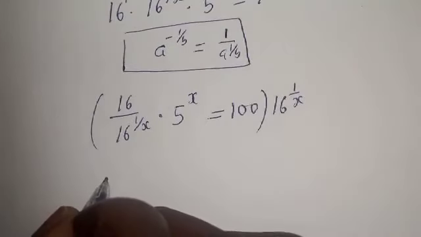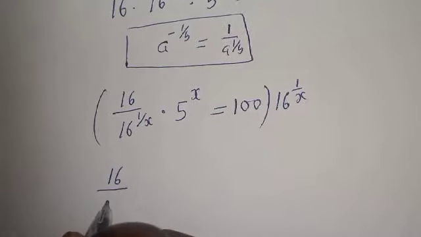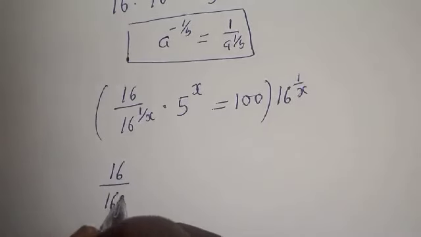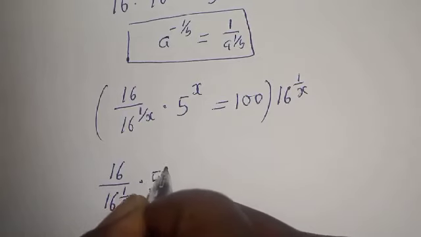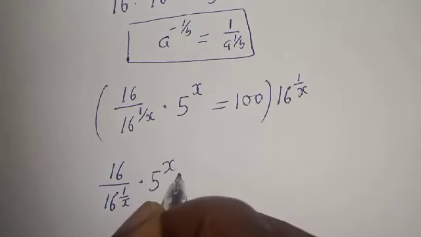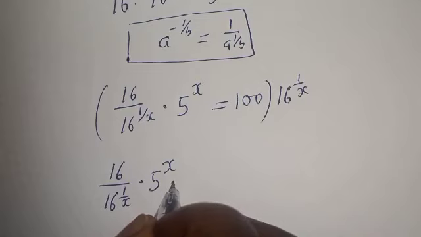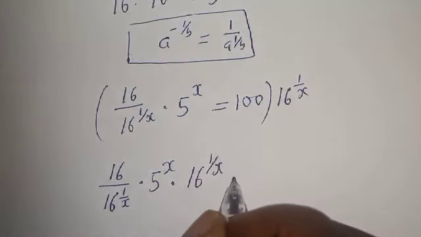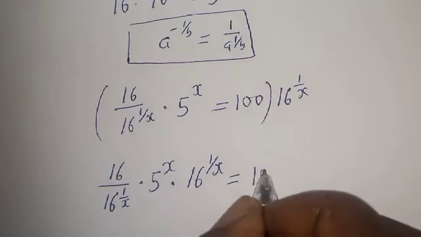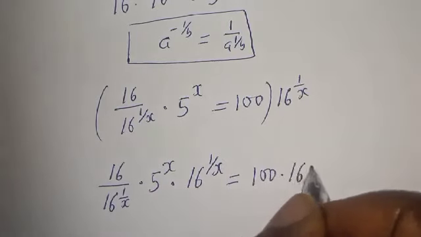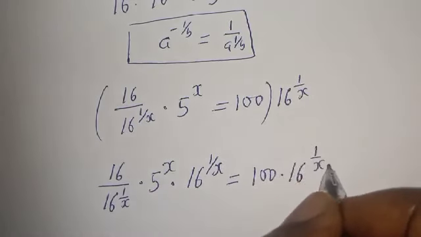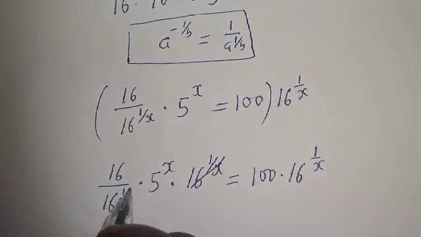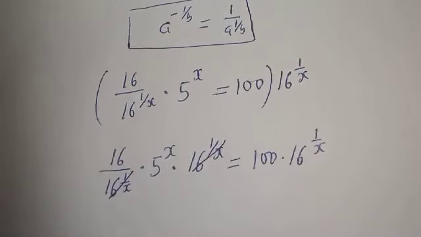So this can be written as 16 over 16 raised to power 1 over x multiplied by 5 raised to power x multiplied by 16 raised to power 1 over x is equal to 100 multiplied by 16 raised to power 1 over x. This will cancel this.